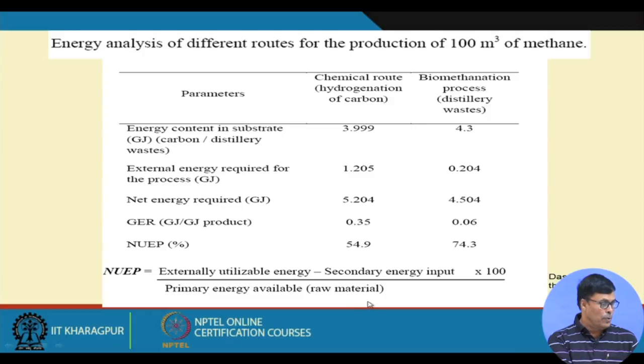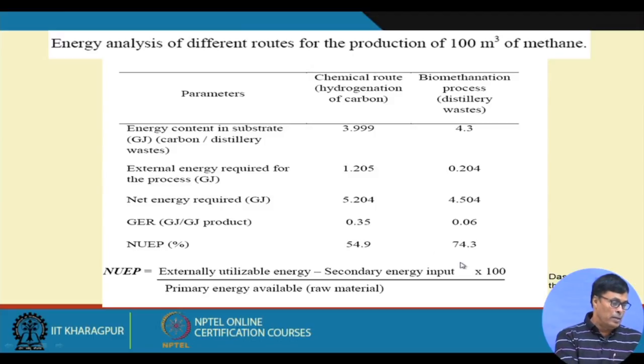If we divide by the primary energy available in the form of raw materials, it will be 54.9%, and this is 74.3%.